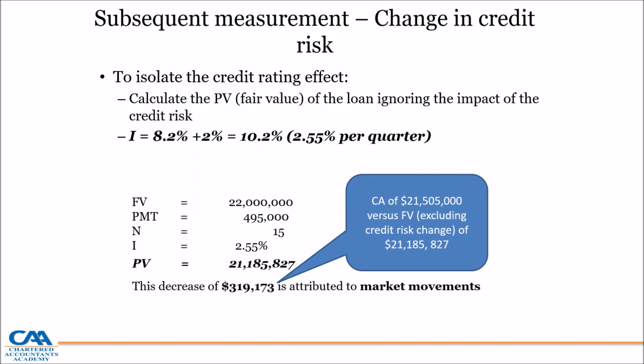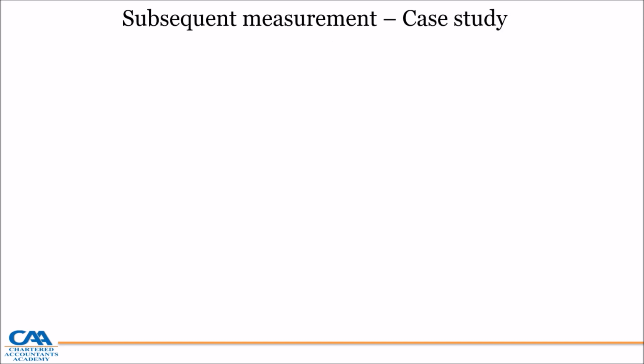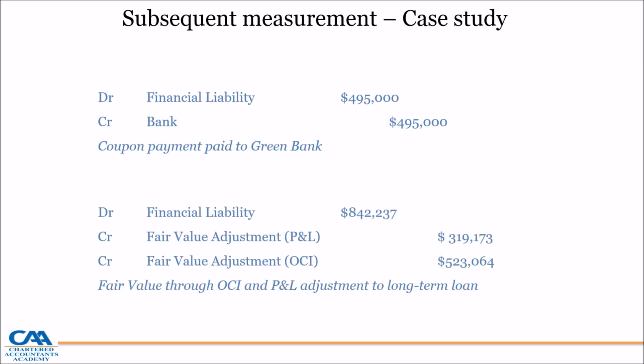So the 319,173 is going to go to your P&L, and then you're going to say your 842 minus the 319 to get the amount that's going to your OCI. So can you say your difference between the 842,237 and the 319,173 is the one that's going to your OCI?